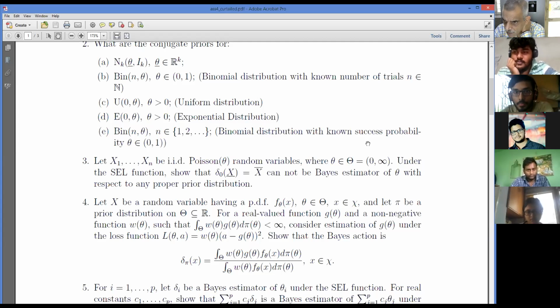For this fixed prior, you have an average risk for all the estimators. So estimator 1 has average risk A1, estimator 2 has average risk A2, and so on. You have an uncountable number of estimators. Then you look at the estimator for which this average risk is minimum.